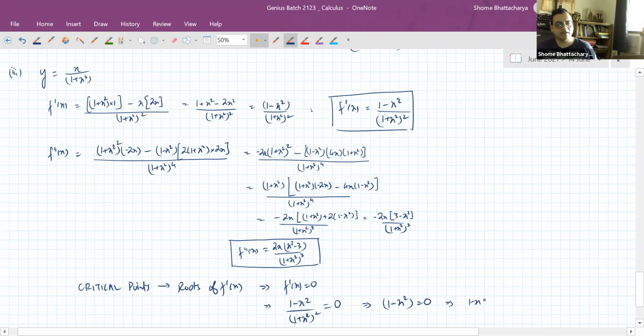So again, x is plus minus 1. These become our critical points. While the expression of f double prime is rather lengthy and complicated, you'll see it's very easy to analyze at the critical points. At x equal to 1, you will get f double prime's value as negative, and at x equal to minus 1, you will get f double prime's value as positive.